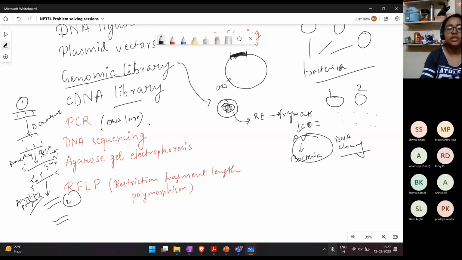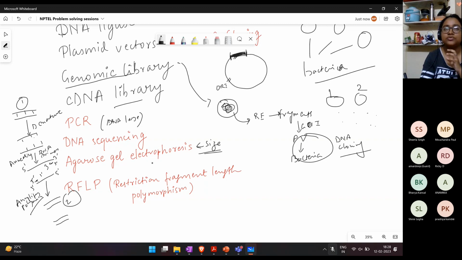Okay. So once you have done PCR, you have amplified your DNA fragment. Now you want to see two things. What is your size? If you want to know the size of your DNA fragment, then you have to use agarose gel electrophoresis.